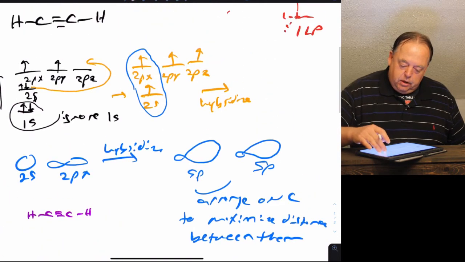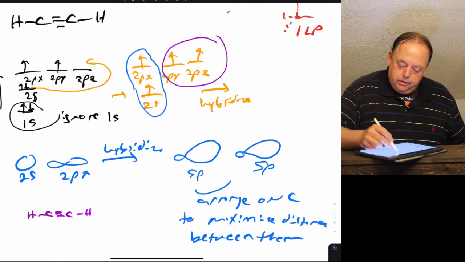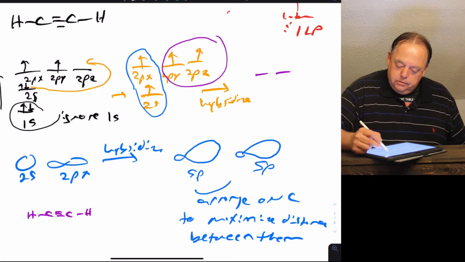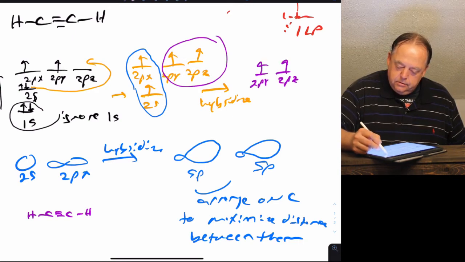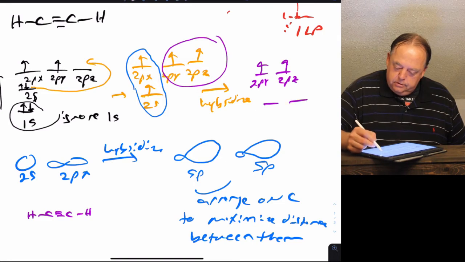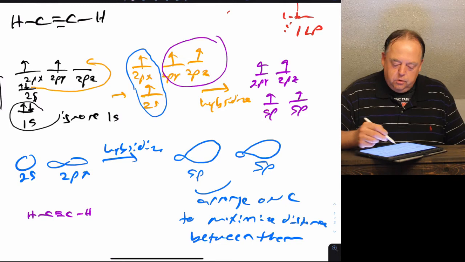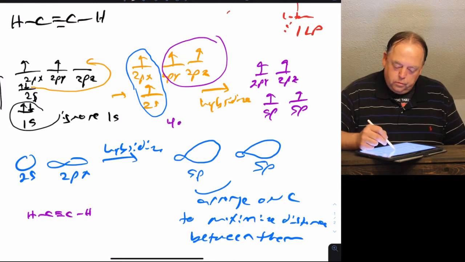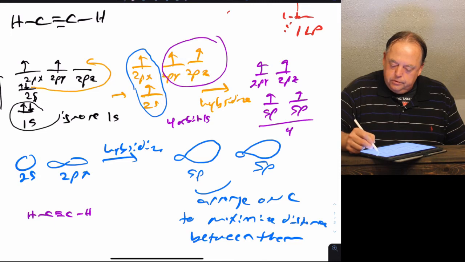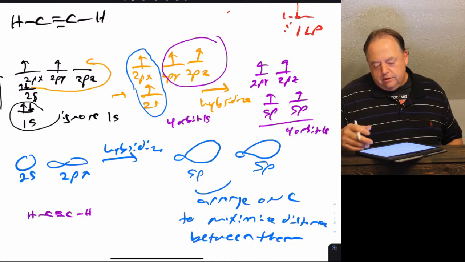And then each carbon, of course, has two unhybridized orbitals. So we still have 2py and 2pz, and each carbon's got two sp hybrids, so we still have four orbitals go in, and we still have four orbitals. It's just that now two of them are hybrids and two of them are not.